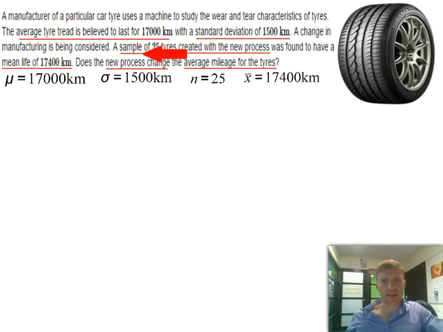Then it speaks about a sample of 25 tires. So there's your sample size of 25, with a mean life of 17,400. There's the sample mean that we found from looking at the average of all the tire life of the 25 tires.